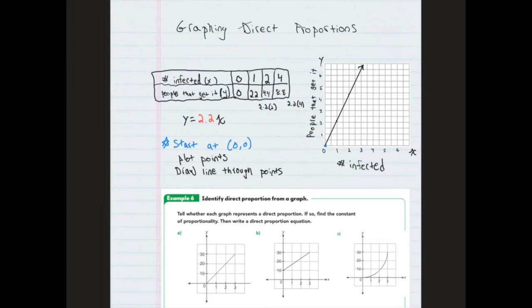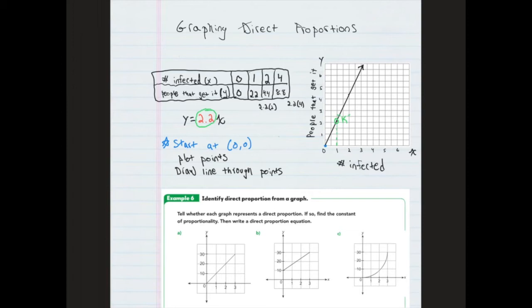Now one other key aspect is we talked about the constant of proportionality, or that value k. You can tell where that is on a graph by looking at 1. This value here is the value for k, which is your constant of proportionality.